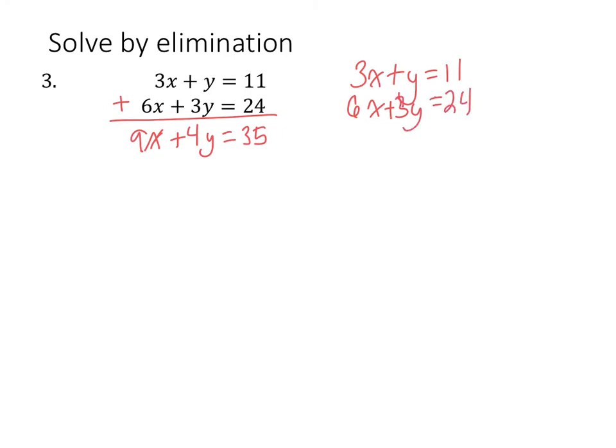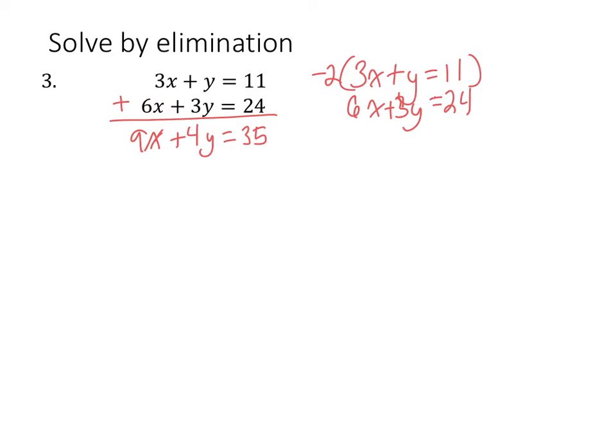There's several ways that you can do this. You can multiply it by -3 to get rid of your y, or you can multiply by -2 to get rid of your x. I'm going to multiply by, let's do -2.